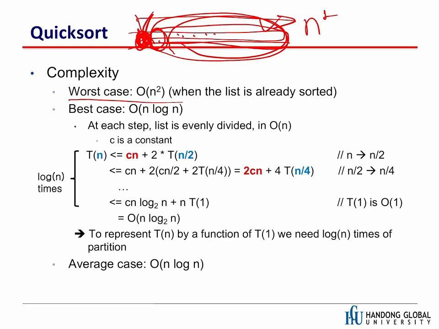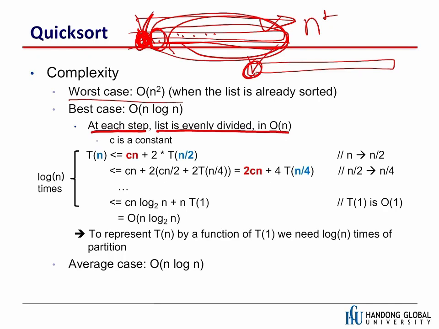Then let's talk about the best case. The best case is when the numbers are randomly distributed, and at each step the list is evenly divided. It means that when we pick one number as a pivot, this one is the middle element.